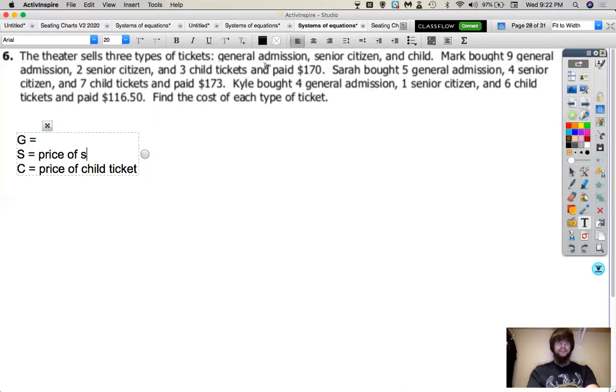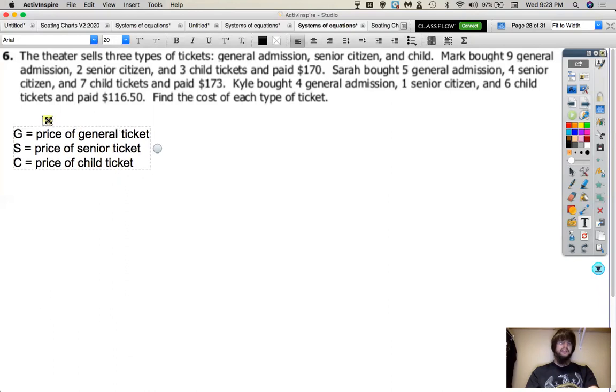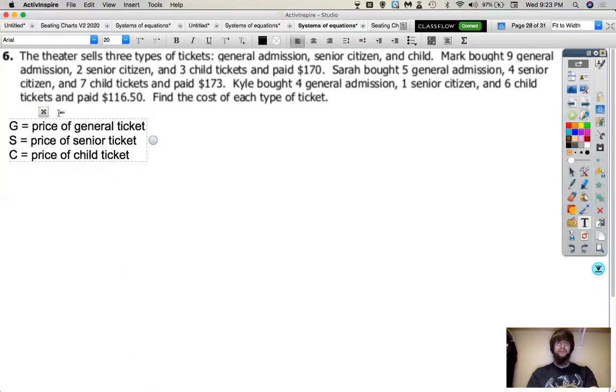Price of senior ticket. Price of general ticket. So G, S, and C are all prices. They're all monies.